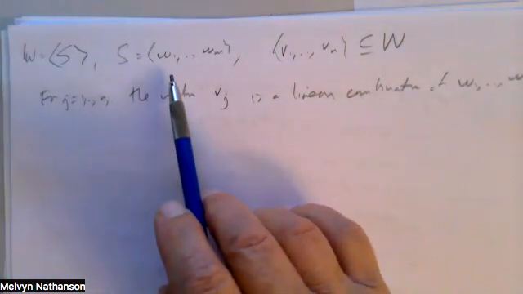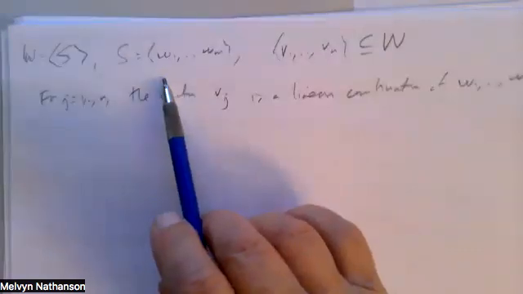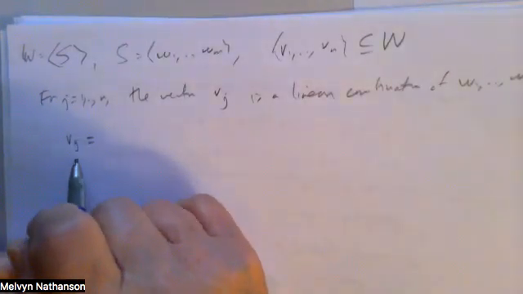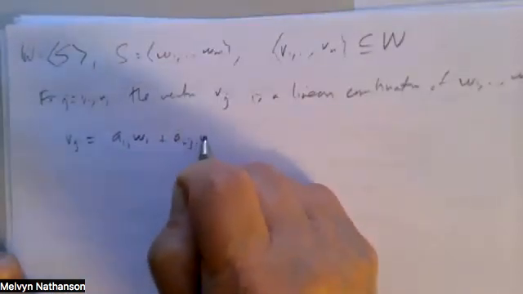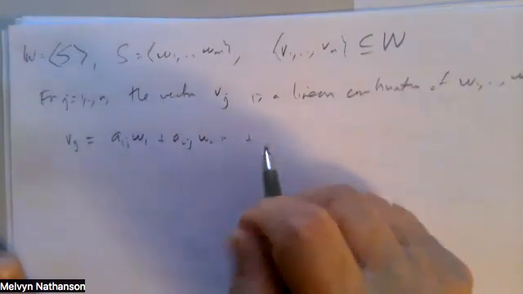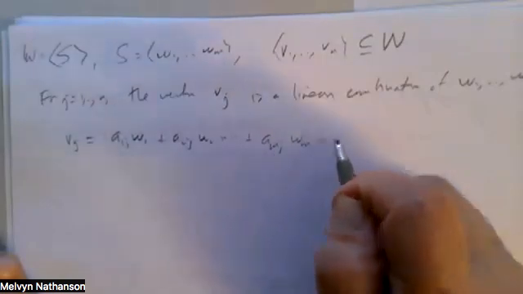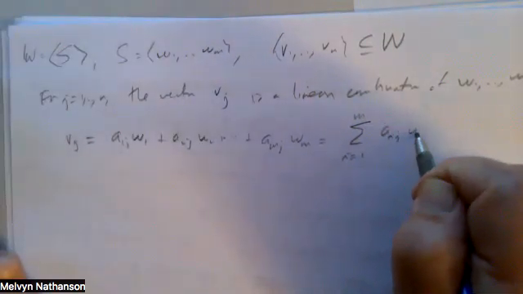Because W is the subspace generated by S, that means W is the set of all linear combinations of these m vectors. Each V is in W, so every Vj can be written as a1j W1 plus a2j W2, and so forth, up to amj Wm. Or if you like, the summation i goes from 1 up to m, aij Wi.